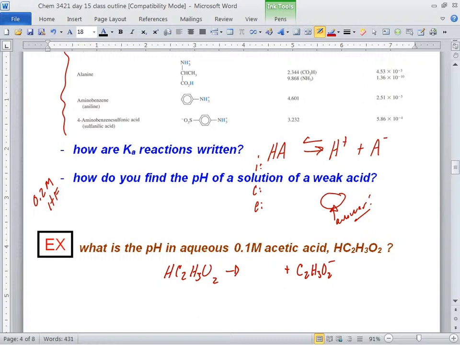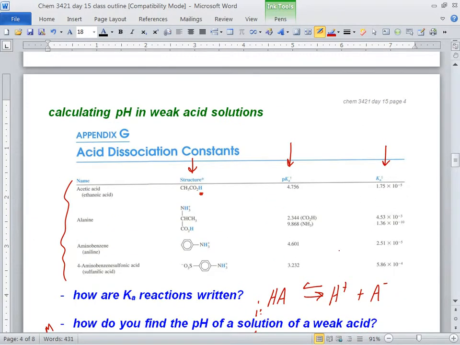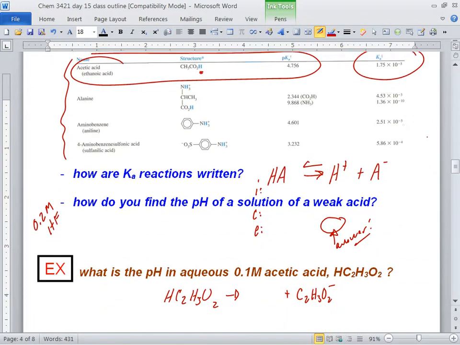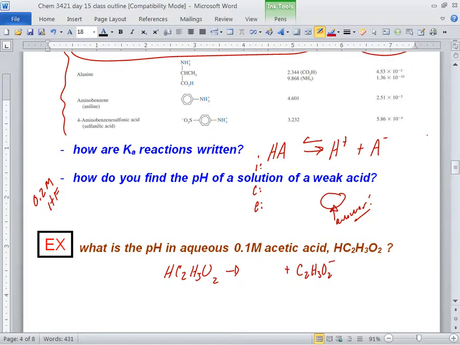Did you guys notice in the first place? It's right here, because you need this number. Maybe you didn't notice that before we started. They gave us the Ka for acetic acid, so we need to write the Ka reaction for acetic acid. The only thing we're missing is the H plus.